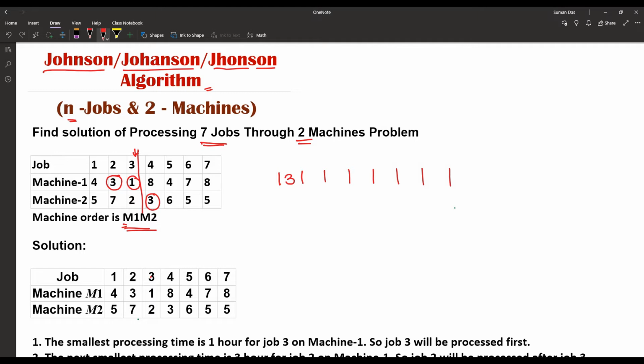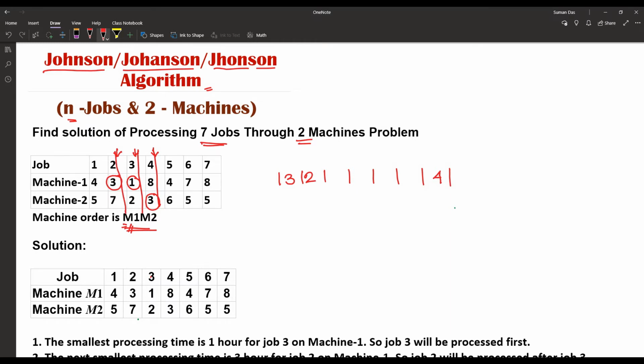As machine 1 is first in the processing order, we sequence job 2 at first, but as job 4 is from machine 2, we sequence it at last. In that way we cross out job 2 and job 4.